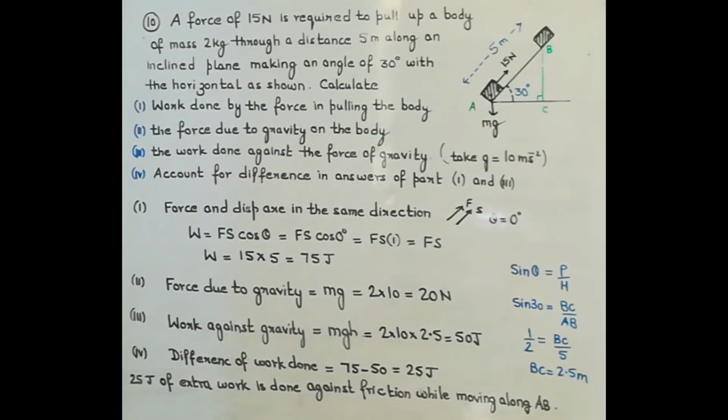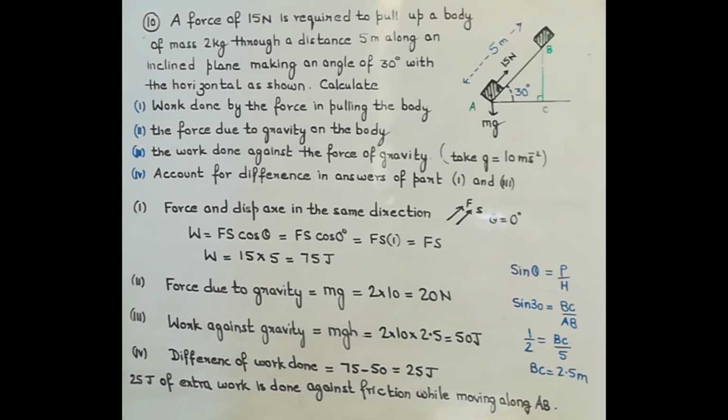So here we can say that 25 joule of extra work is done against friction while moving along the path AB. So that means instead of moving along the path AB, if we could have directly lifted the body from the level AC to the point B, we could have done this by using only 50 joule of energy. But if we are moving it along the path, then there will be some friction present.